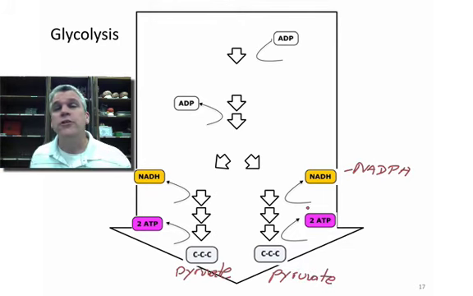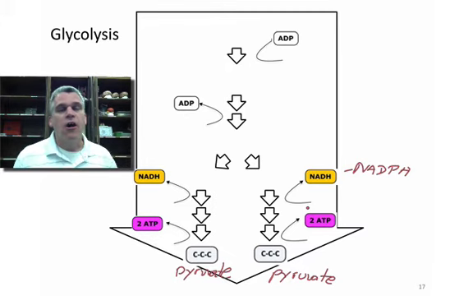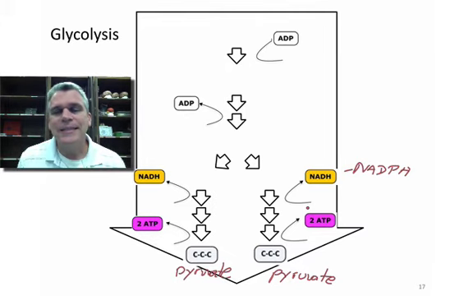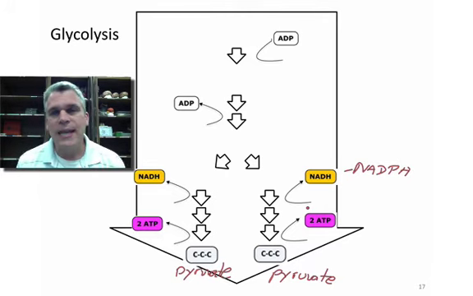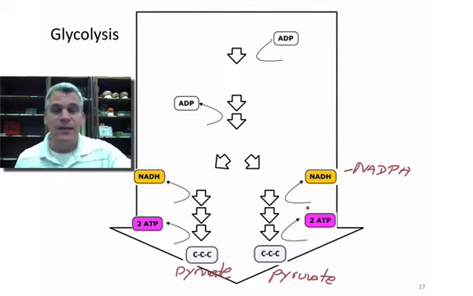So if you go back to your table, you can see that although we made 4 ATPs, we used up 2 of them, so our net gain is 2. We gained 2 NADHs. We made 0 waters, no carbon dioxide, and no FADH2s.